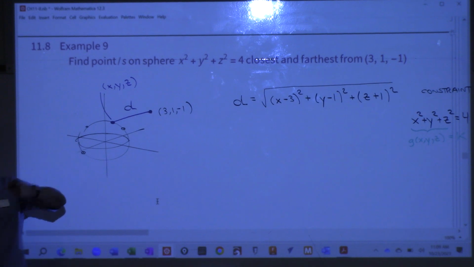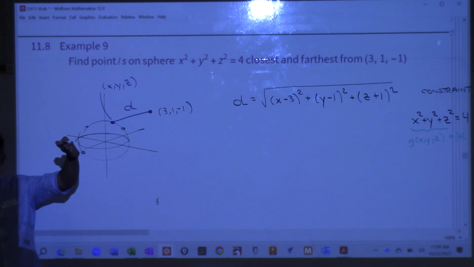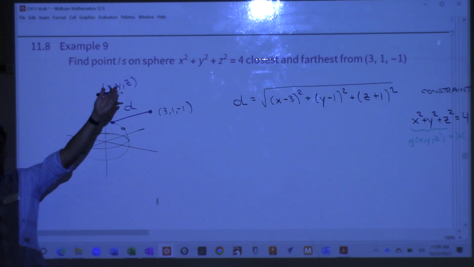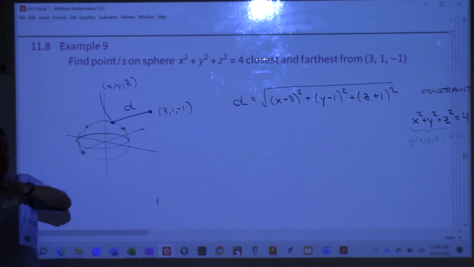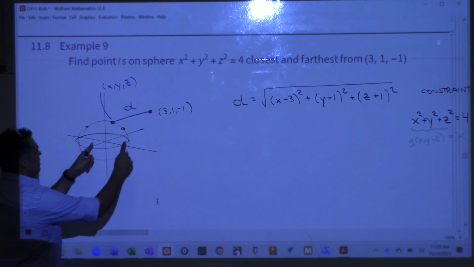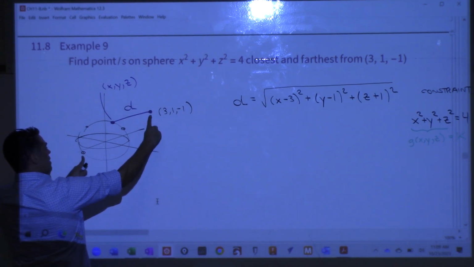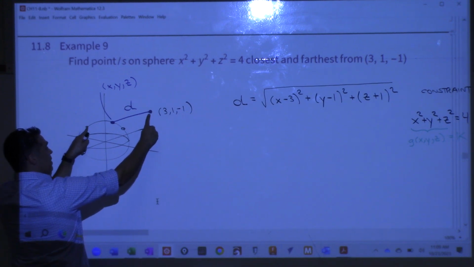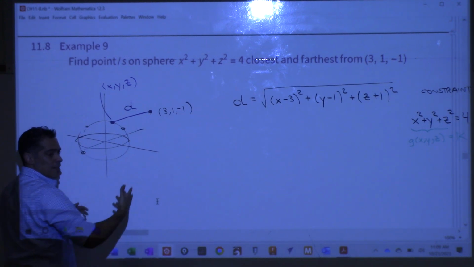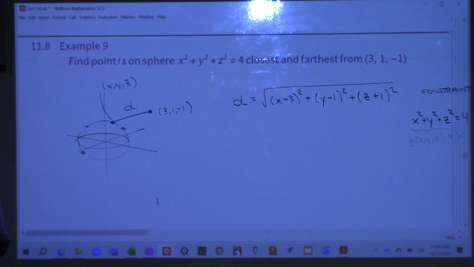Let's say this is our maximum distance. If I square it, that's bigger than any other distance would have been squared. Does that make sense? It's a way that we can get around having to do the square root.